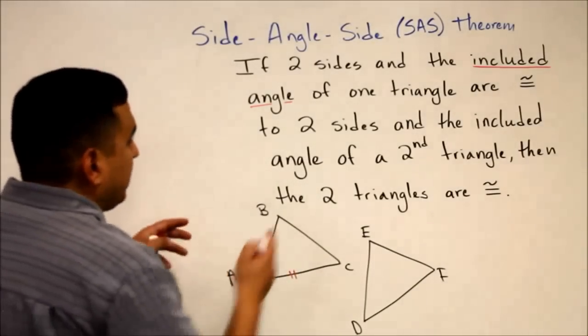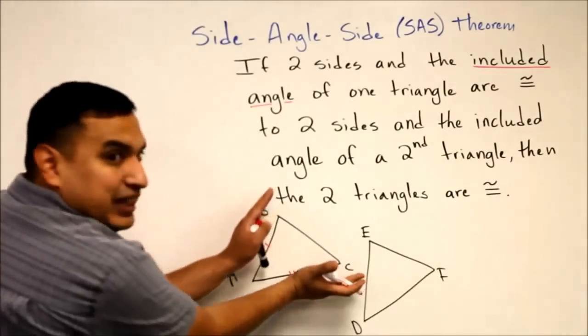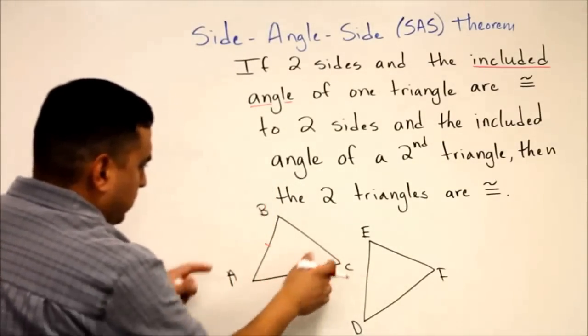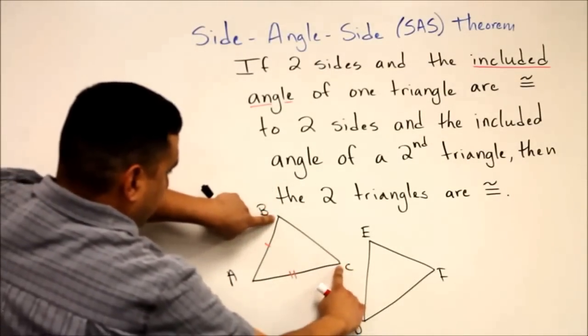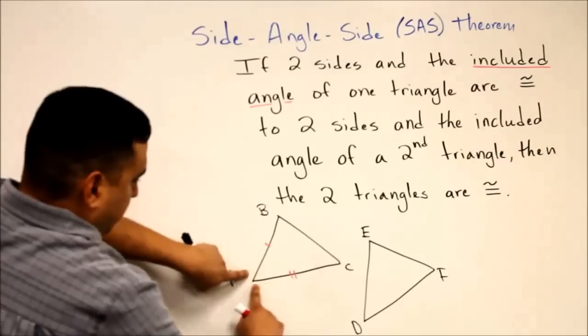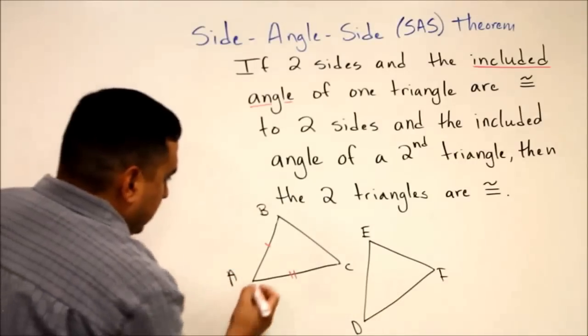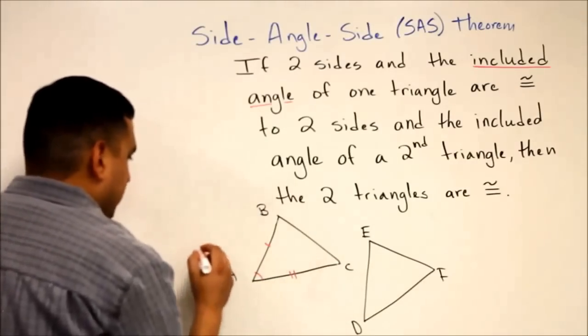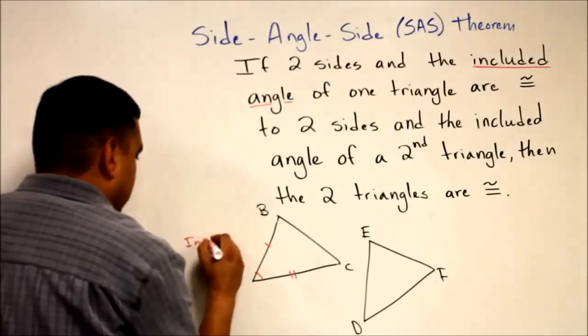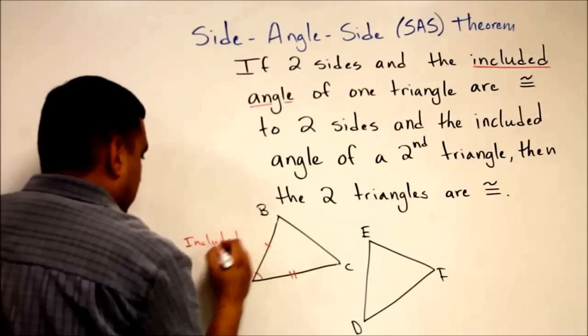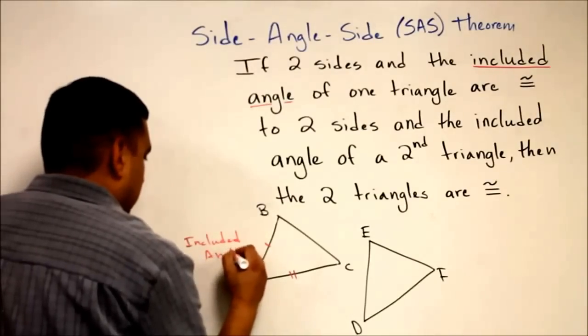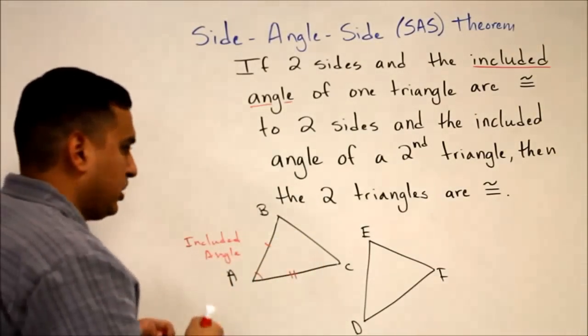The included angle is the angle that connects these two sides. If I go from C and B and see where they intersect, these two lines intersect at A. So this is my included angle. It's included because it shares them.